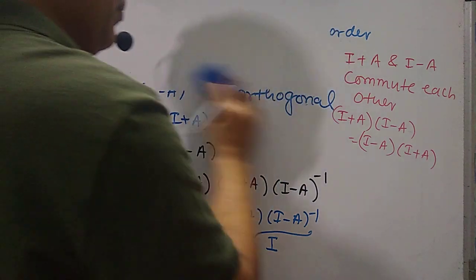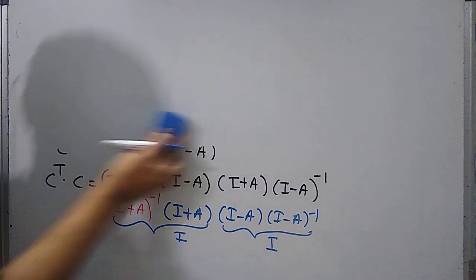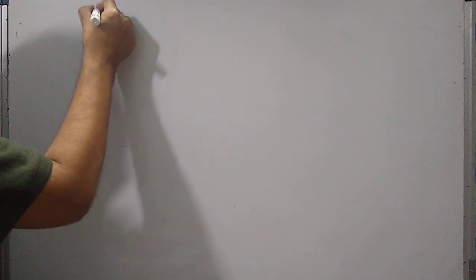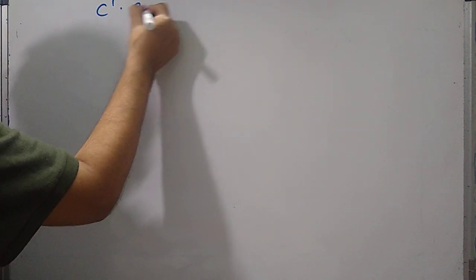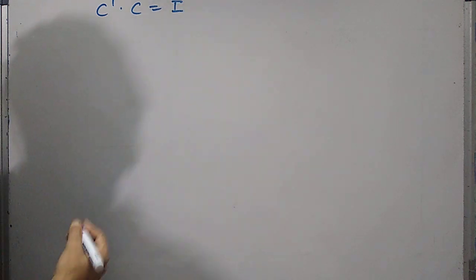So here we get C transpose into C equal to identity matrix.